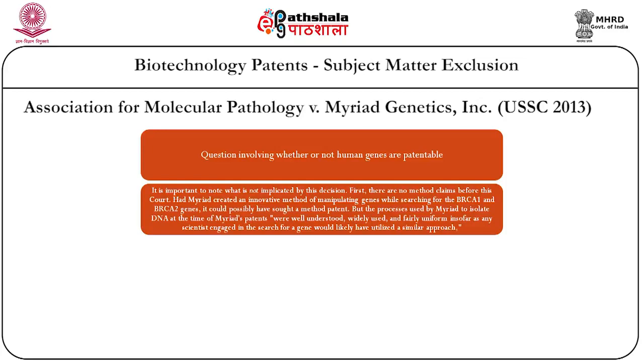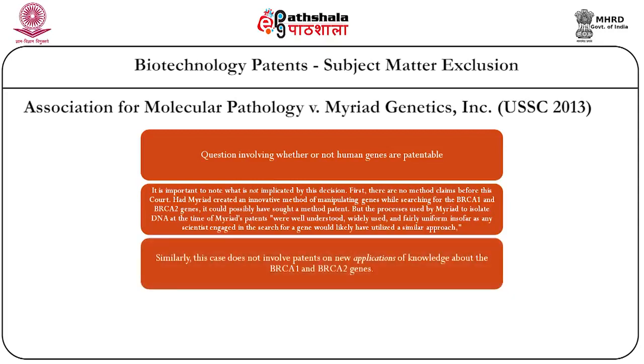But the process used by Myriad to isolate DNA at the time of Myriad's patents was all well understood, widely used and fairly uniform, insofar as the scientist engaged in the search for a gene would likely have utilized a similar approach.